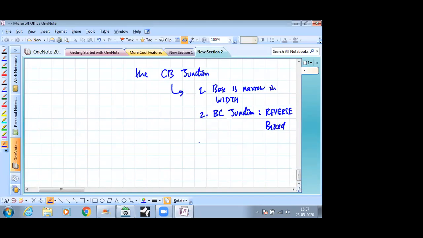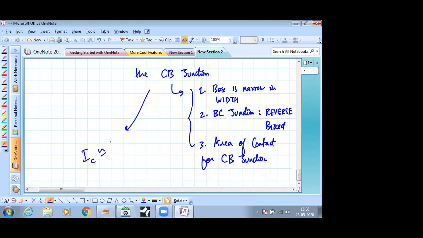That is, drift will be enhanced. And third, the contact area for the collector base junction is high, which we had seen earlier as part of the design criteria. So these three factors contribute to the fact that there is an IC which is almost equal to IT.